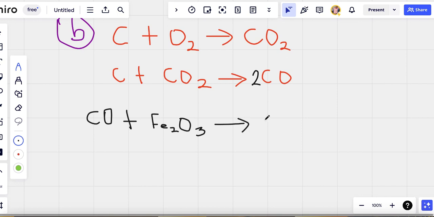Remember, we want to produce iron. Sorry, we react with iron 3 oxide to form iron and carbon dioxide. React with this to form iron and carbon dioxide.